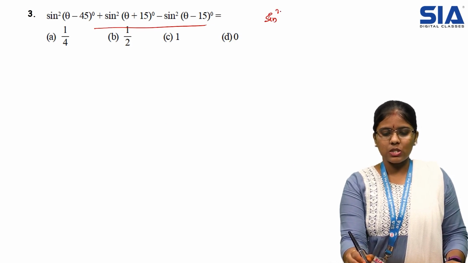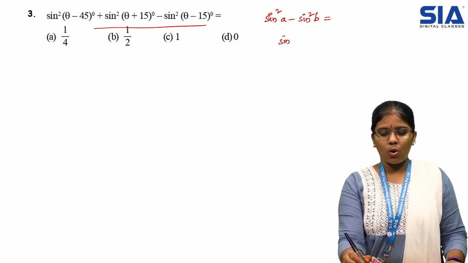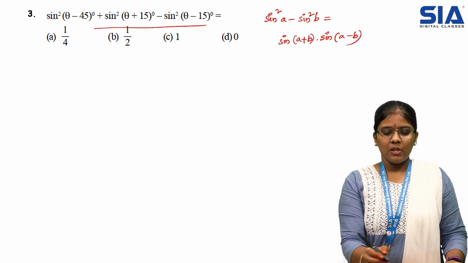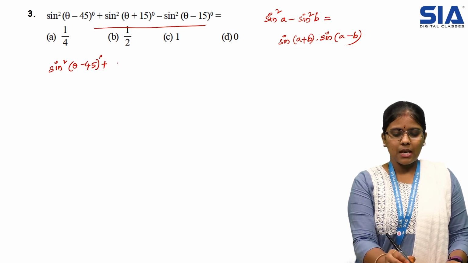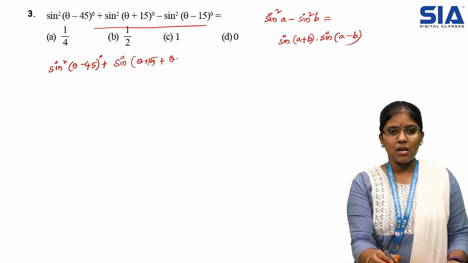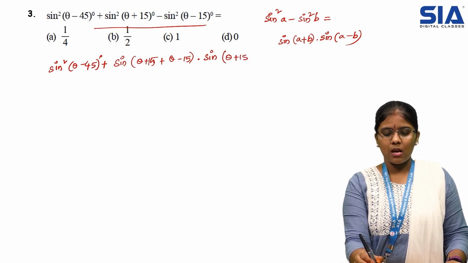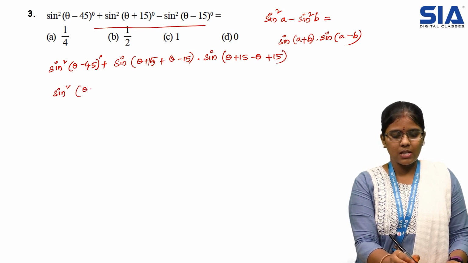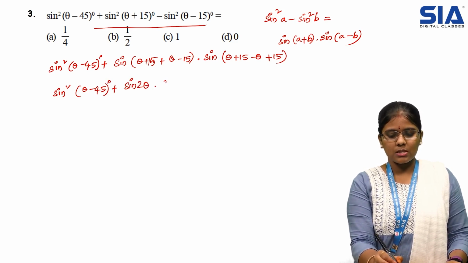It is like sine square A minus sine square B. This is nothing but sine of A plus B into sine of A minus B. So sine square of theta minus 45 plus sine of A plus B, that is theta plus 15 plus theta minus 15, into sine of A minus B, that is theta plus 15 minus theta plus 15, which is sine square of theta minus 45 plus sine 2 theta into sine 30 degrees.